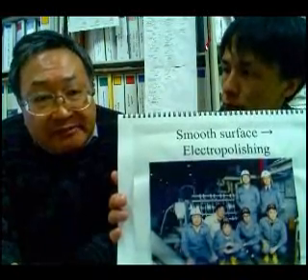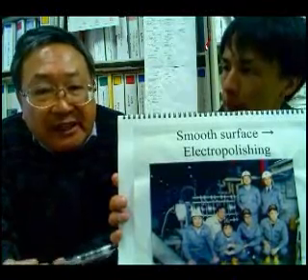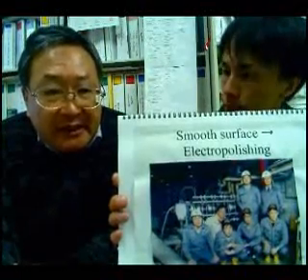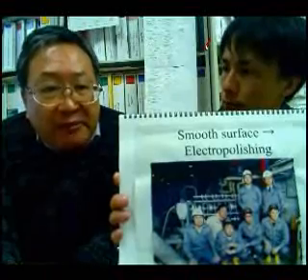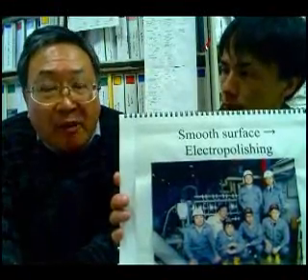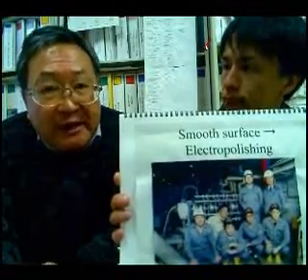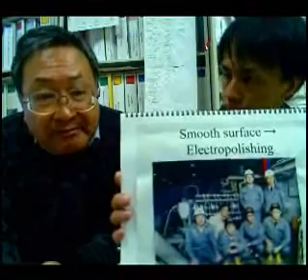In this system, electrolyte flows in the cavity, and the cavity has an applied positive voltage of about 15 volts, and inside we put a cathode made of pure aluminum.